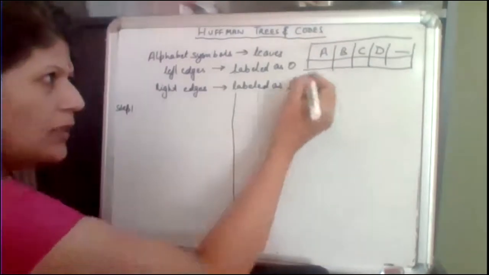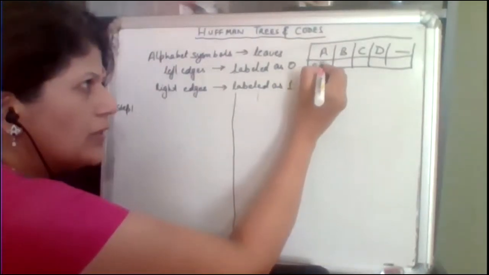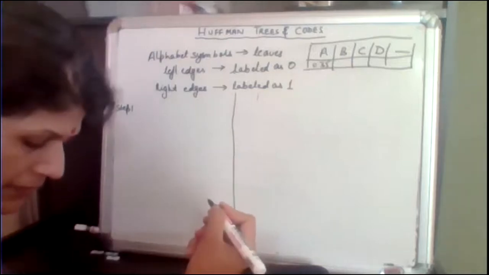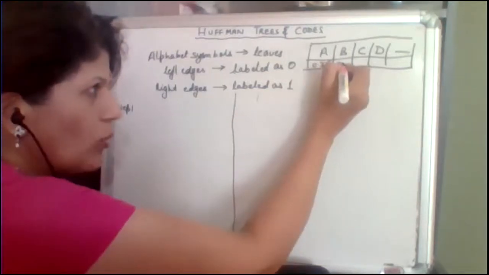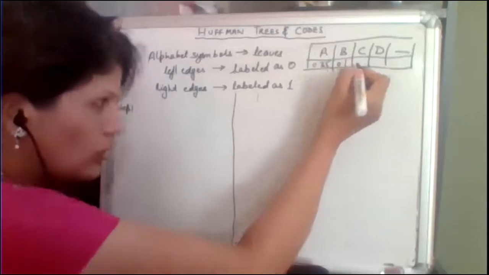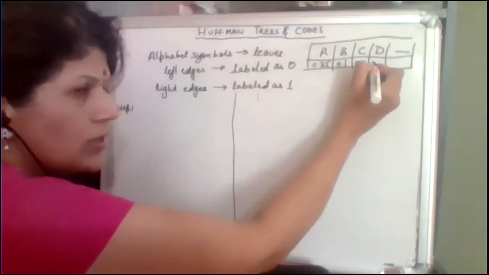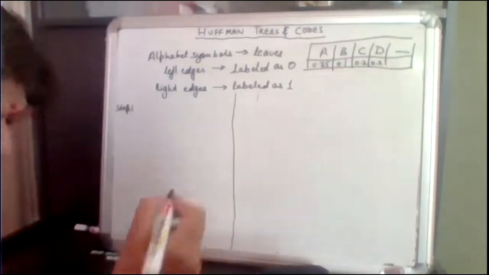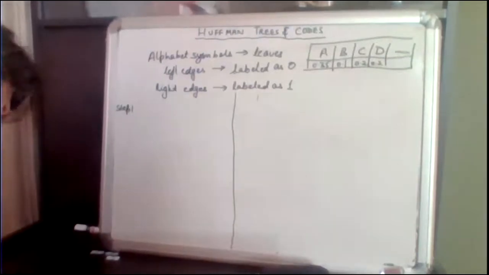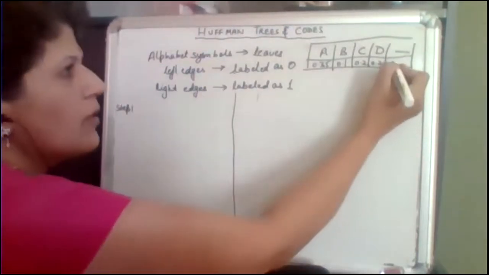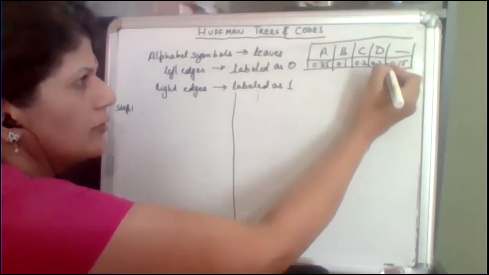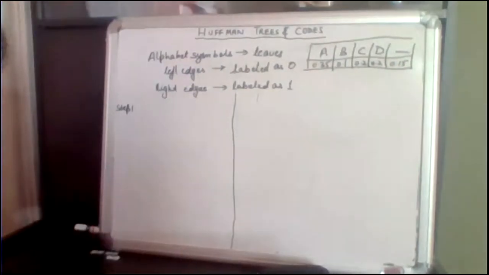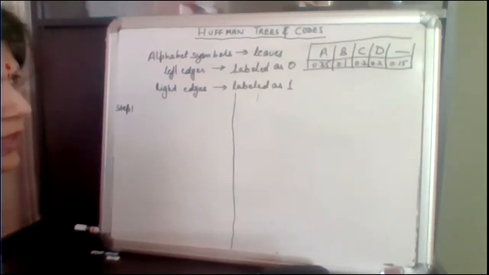A has a frequency of occurrence of 0.35, B has 0.1, C has 0.2, D also has 0.2, and underscore has a frequency of 0.15.